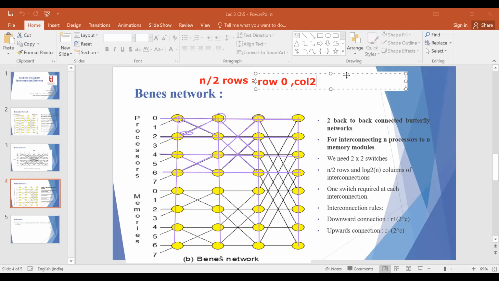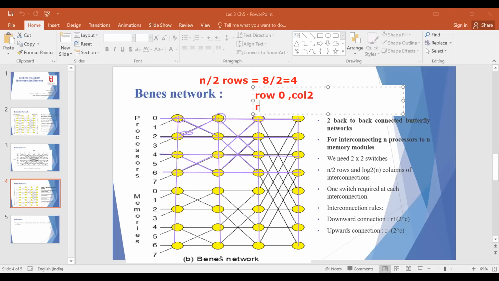Okay, now let us see how these four are connected to the lower four ones. Now this is row 0, column 2. The formula says row plus 2 raised to the power column for the case of downwards connection, and minus for the case of upwards connection. So the first one is row 0 and column 2.